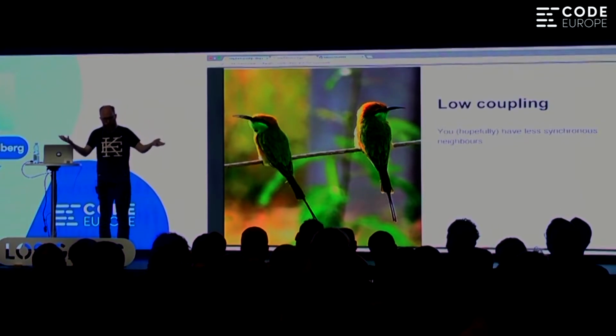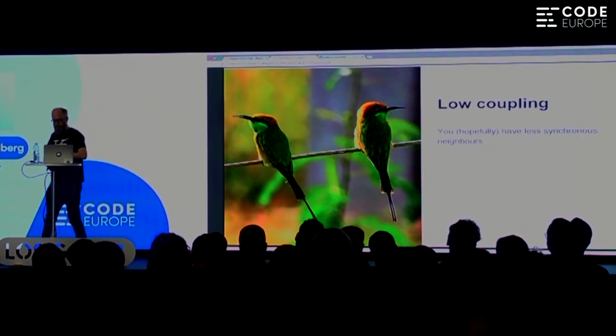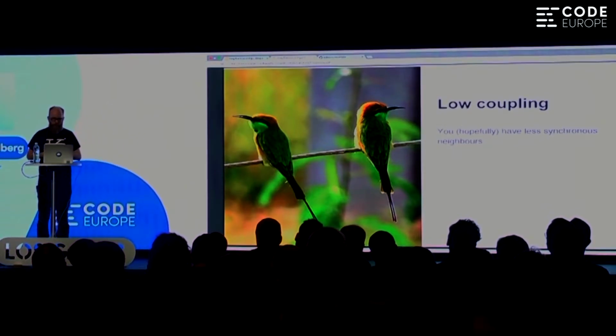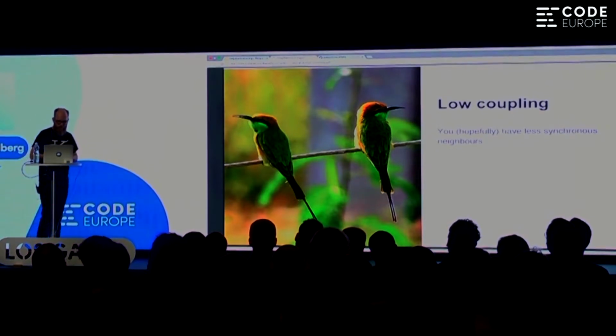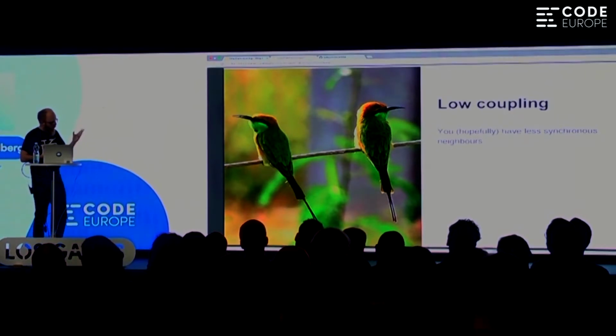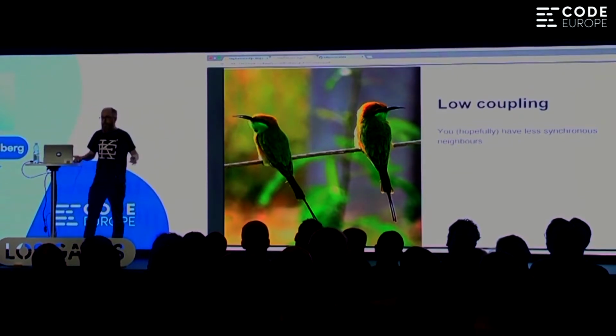You have to spin those up, and then you spin up the entire system. And that's not that fun. And then you end up with staging environments and other horrific things. So hopefully you can get rid of that and instead use, for example, Pact or something similar.